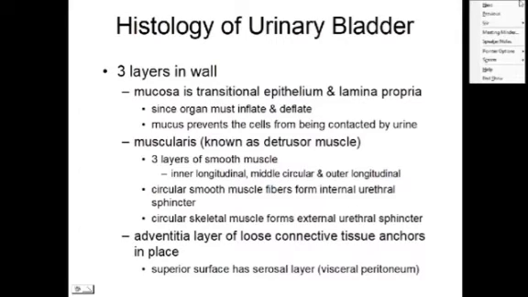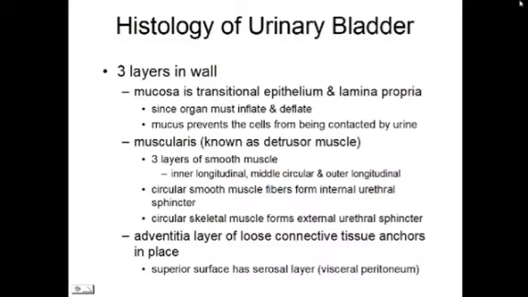The circular smooth muscle fibers form the internal urethral sphincter. The circular skeletal muscles form the external urethral sphincter. Adventitia is the layer of loose connective tissue and it anchors in place. Superior surface has serosa because it is covered by the visceral peritoneum.